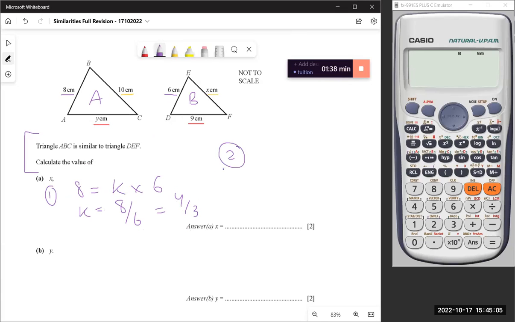Now for the second equation, we have to find X. So which side corresponds with X? These two sides are together. These are corresponding sides. So we'll write one more equation. Let's say 10 is equal to K times X. Now I know what K is, which is 4/3. Now find the answer, Safa, for X.